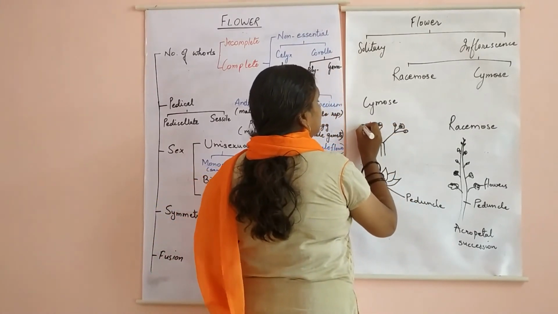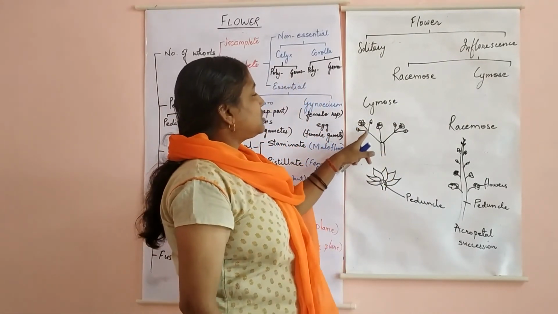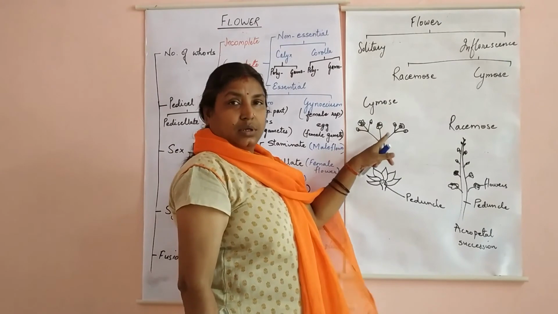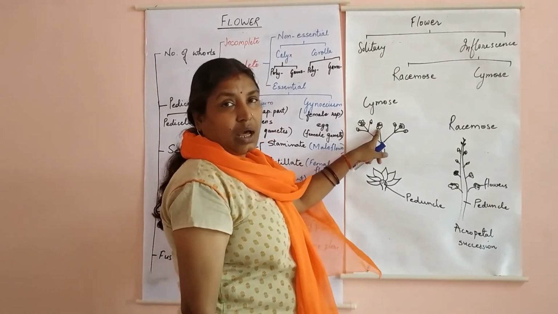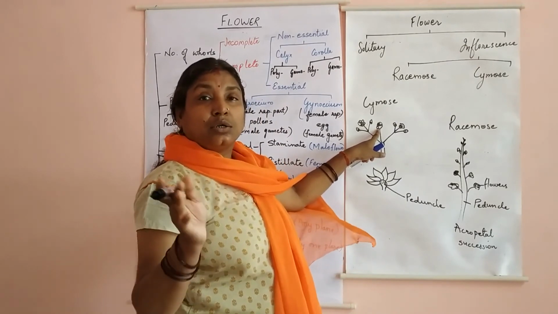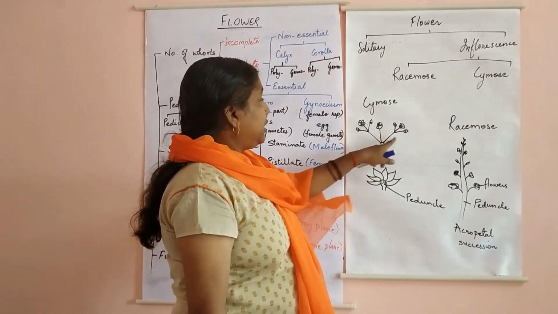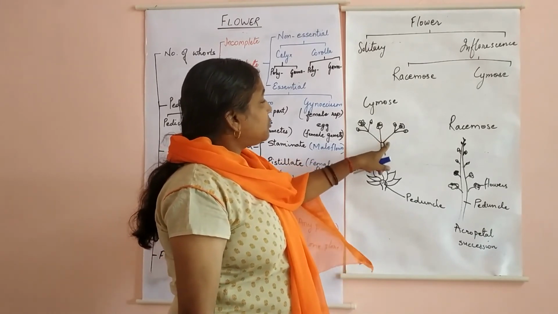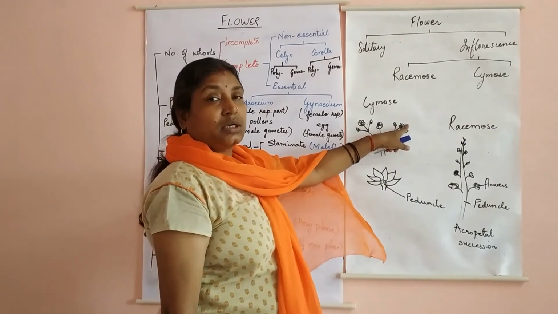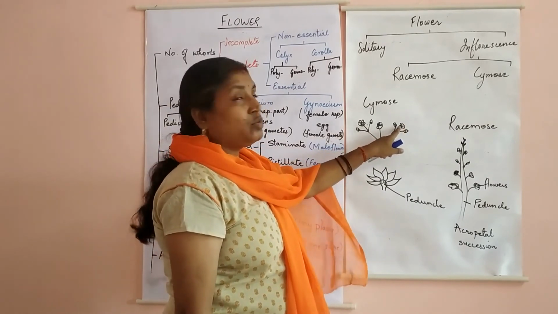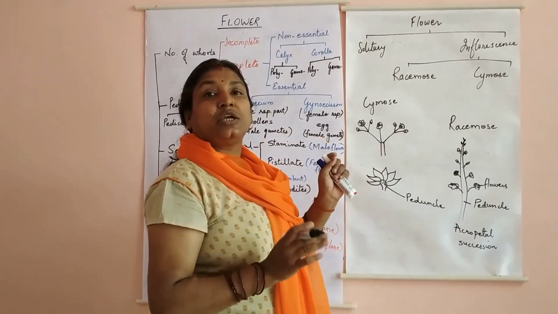Here also. So in cymose inflorescence, the main axis ends in a flower, and now the branches will grow from the adjacent side, like here. In this also, suppose this is the branch, again the apex will terminate in a flower, and these two are buds. Alongside you will see buds.